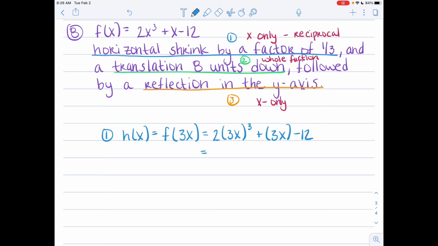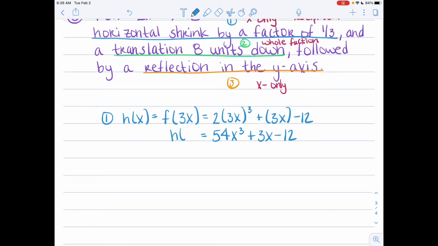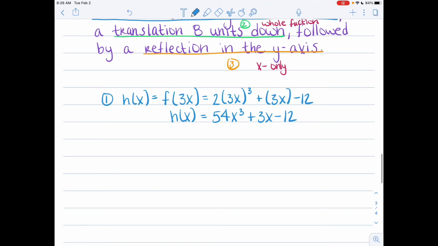Let's simplify this. 3 cubed is 27, and x cubed is x cubed. But I'm going to need to take that 27 and multiply by 2 to get 54, because of this 2 right here. And so 54x to the 3rd plus 3x minus 12. That is my h of x, my first step.